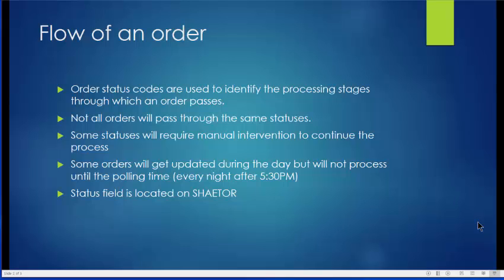Some orders will get updated during the day, but will not process until what we call the polling time. It needs the Banner cloud to come back in and sweep and pick up those orders to get them processing again. The status field is located on SHAETOR.